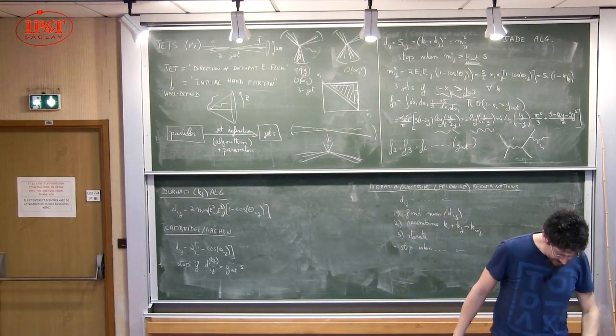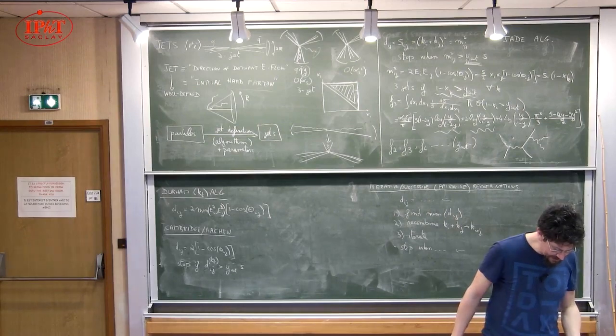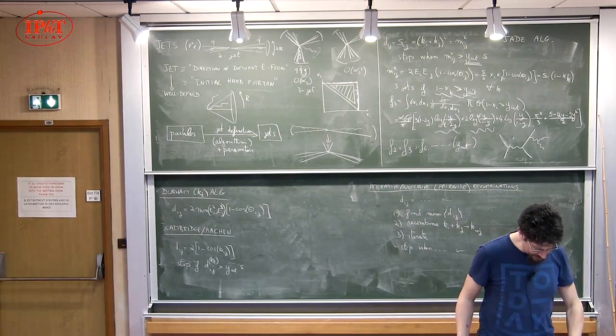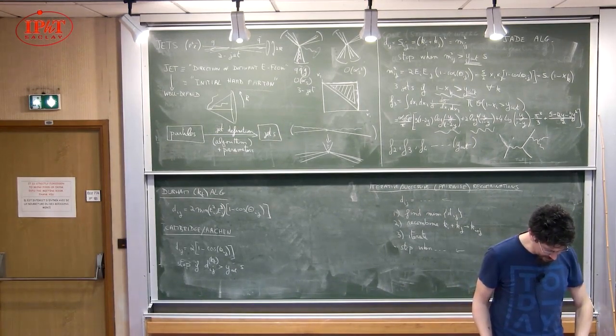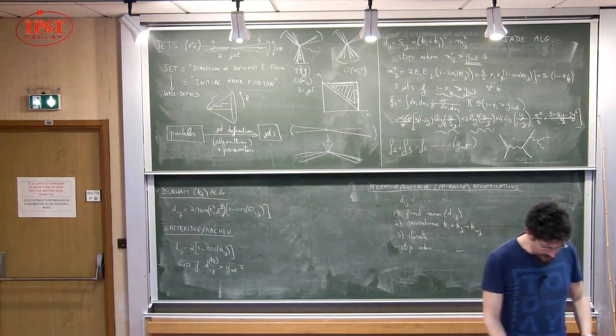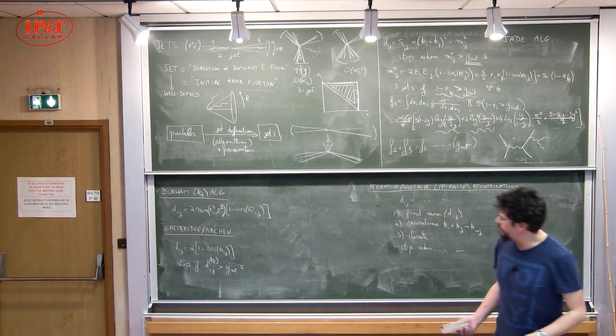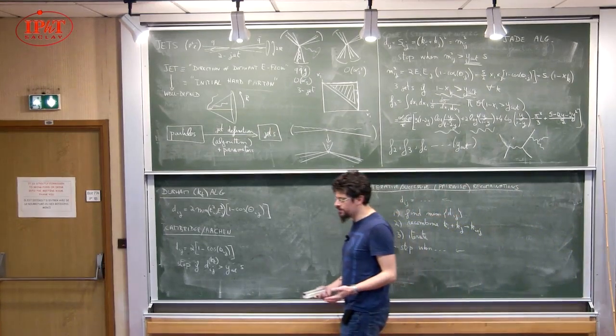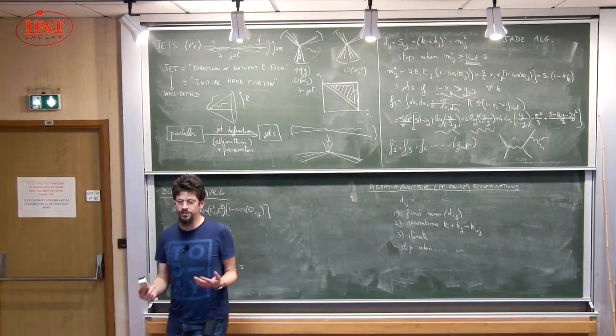So for the last bit of this lecture, I'd like to extend this to the case of algorithms in pp collisions. And as I told you in the beginning, the main difference between e+ e- and pp collisions is, give or take, the choice of the variables.